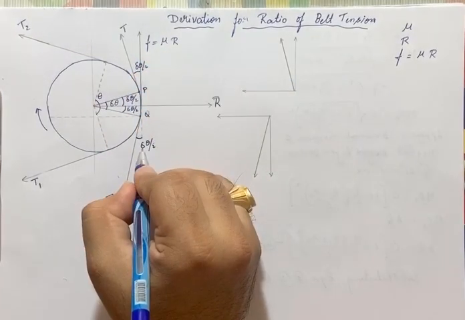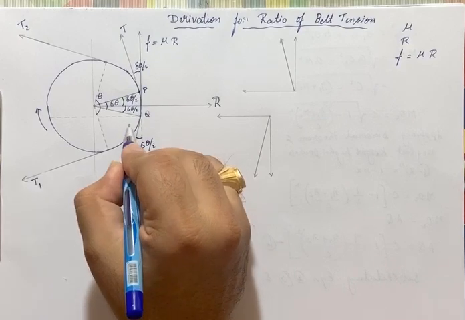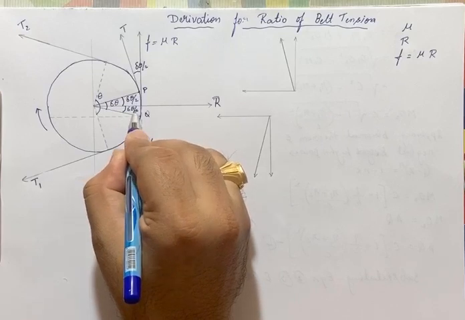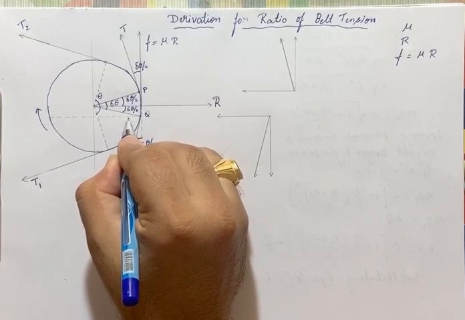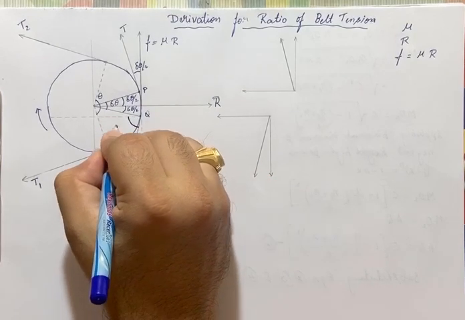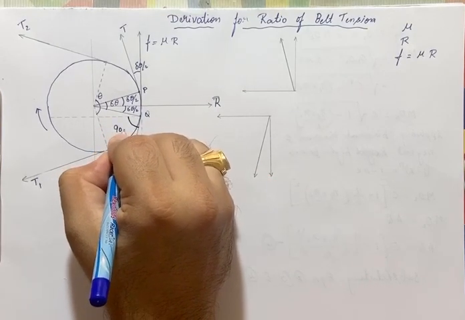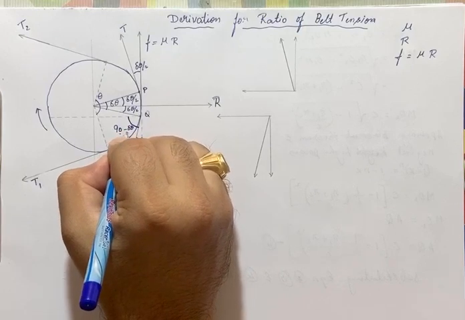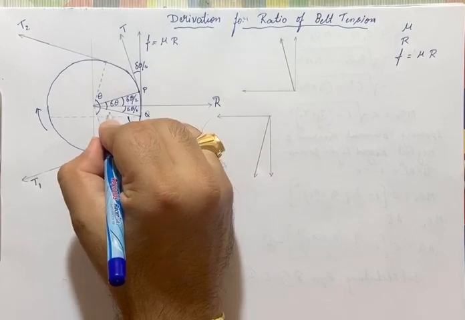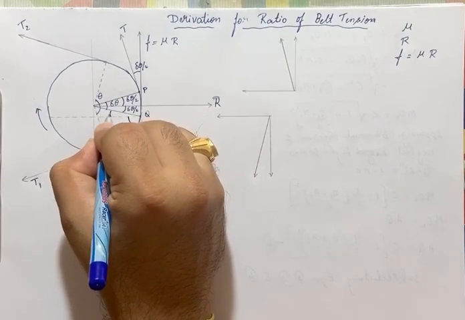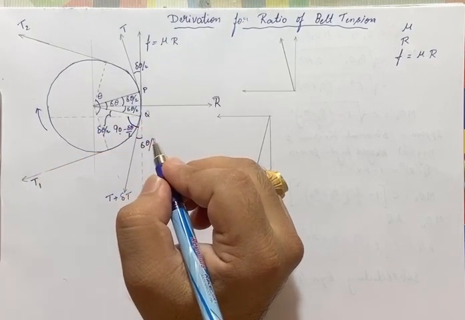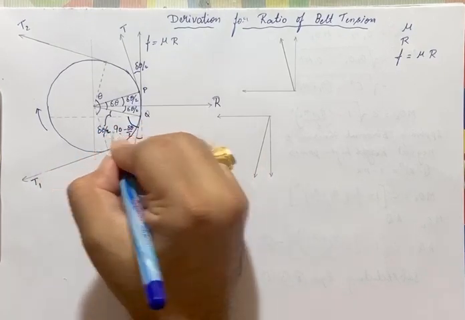If this angle is delta theta by 2, now what will be this angle? This complete angle will be 90 degrees, so this angle will be 90 minus delta theta by 2, and this angle will again be delta theta by 2.